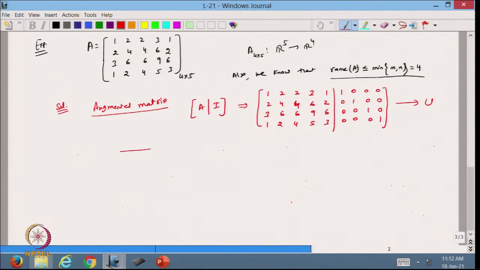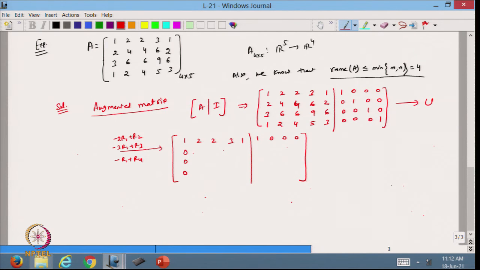Now from here I will write minus 2 R1 plus R2, minus 3 R1 plus R3, and minus R1 plus R4. So directly I can write: it is 1 2 2 3 1 in the first row. The second row becomes all 0, because minus 2 times the first row plus the second gives 0 0 0 0 0.